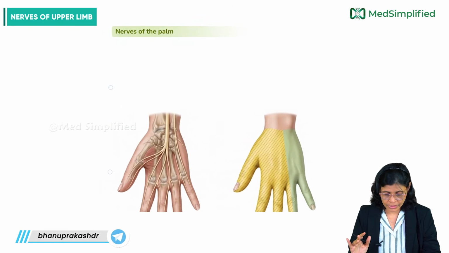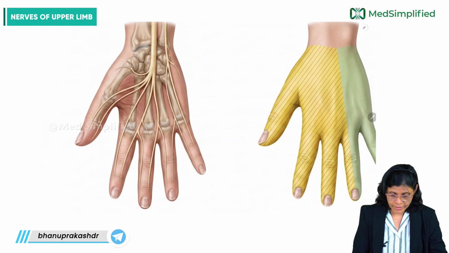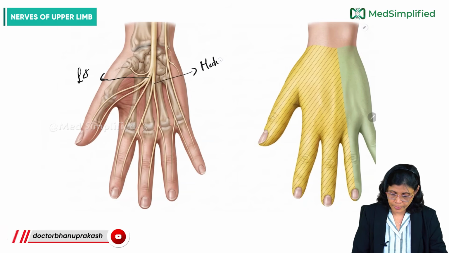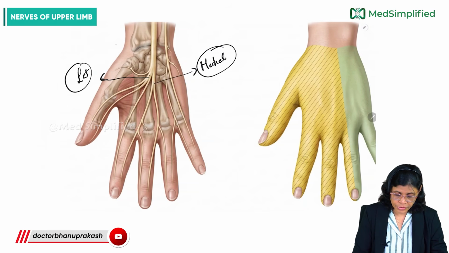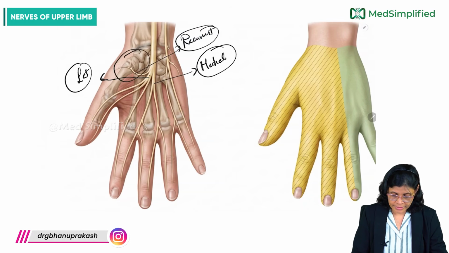So let's go to the injuries. Here you can see the median nerve dividing into the lateral and the medial division. The lateral is giving the recurrent branch, supplying the thenar muscles, and here you can see it is giving 3 palmar digital branches, supplying the adjacent sides of the thumb as well as the index finger.